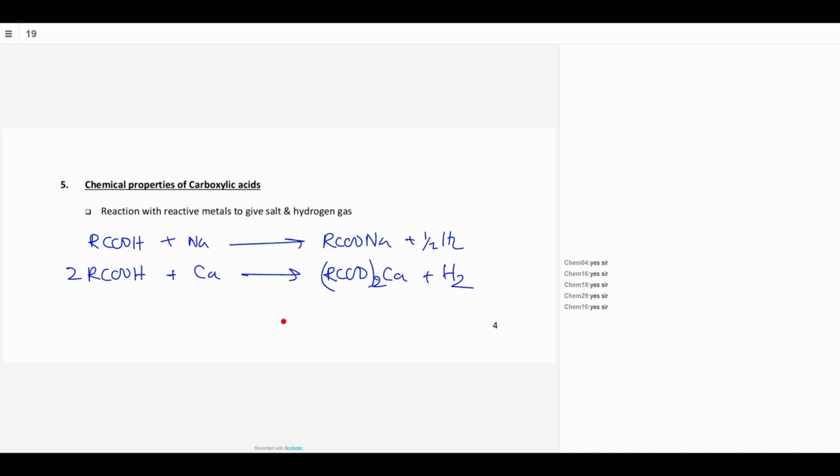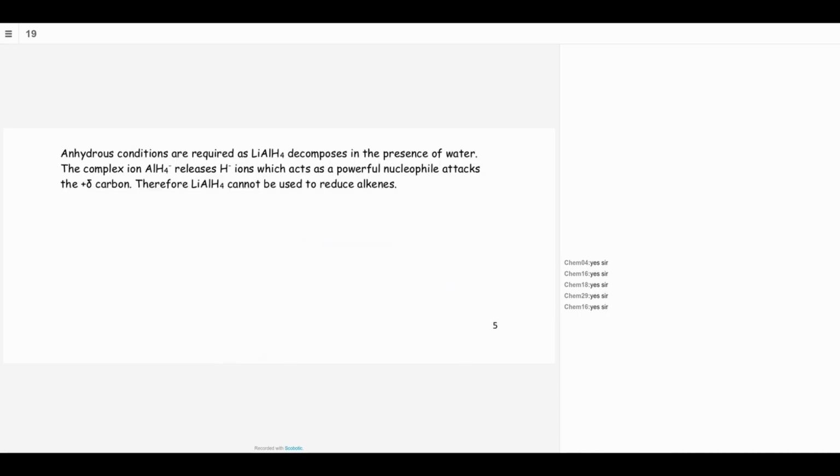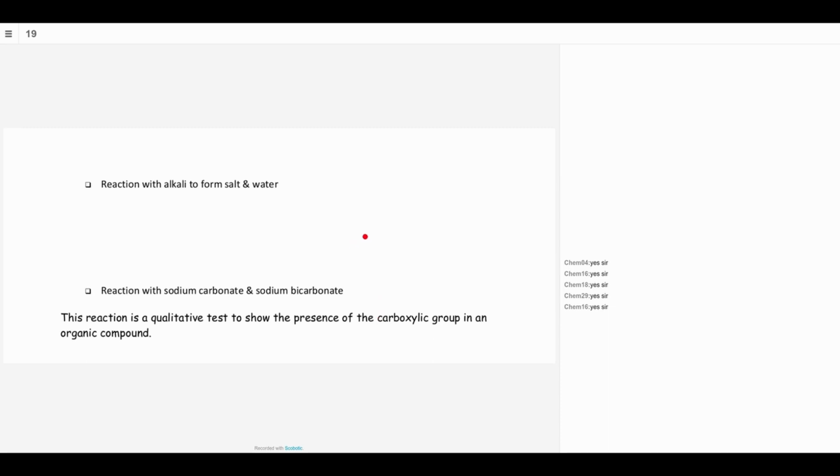The next is the reaction of the carboxylic acids with alkali to form salt and water. Like the reaction of carboxylic acids with group 1 metals, it does react with alkalis as well, for example sodium hydroxide.